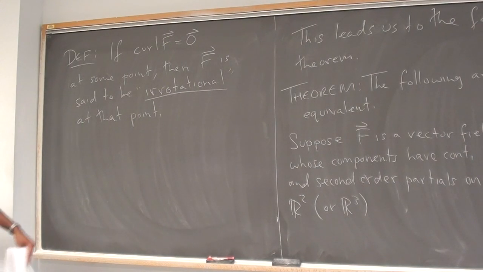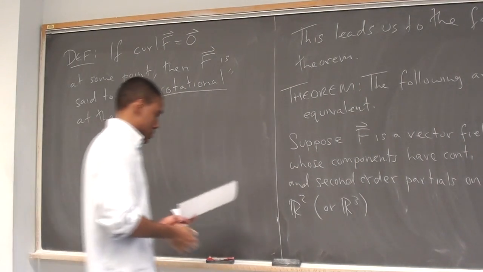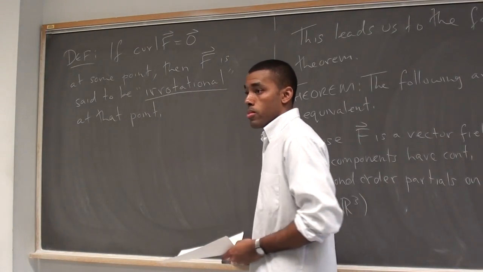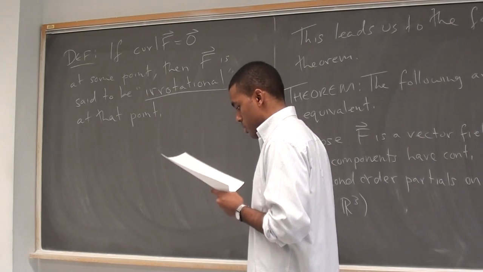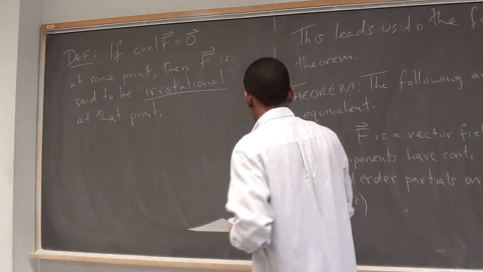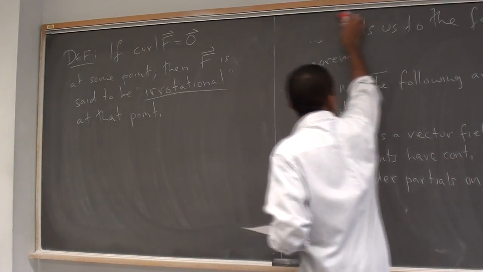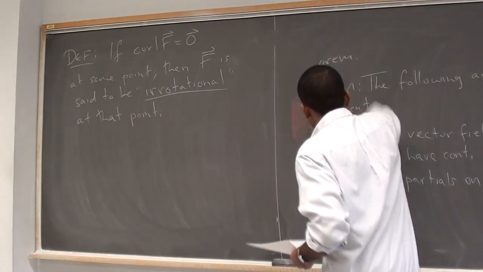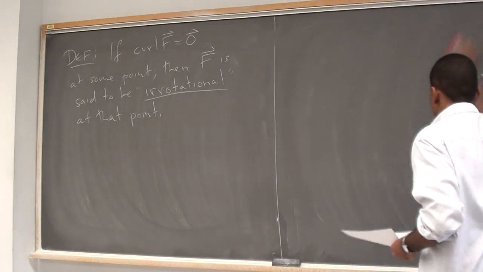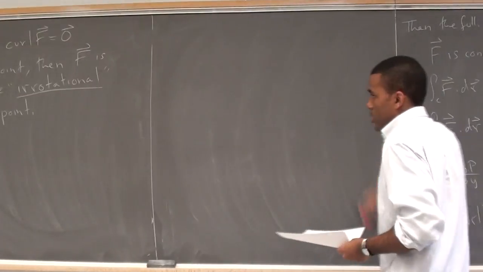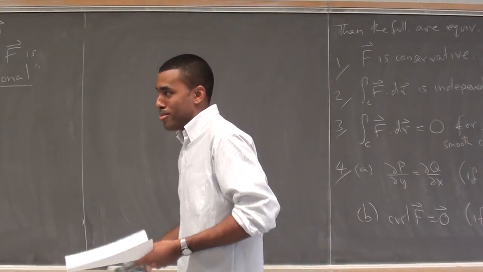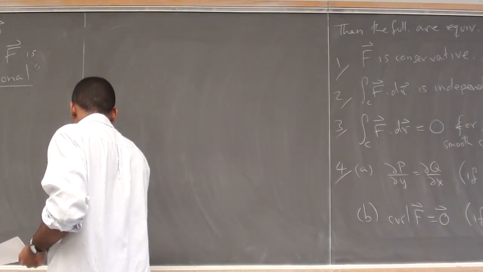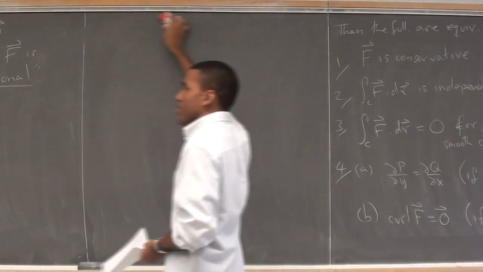So when they say something's irrotational, they just mean the curl is 0. Is that possible? Can an object be irrotational? Yeah. I'm going to give you some examples later. I don't know if I'm going to get to it today. They definitely do exist. For example, any conservative vector field will be irrotational. So you know at least there's one class of functions that will work.